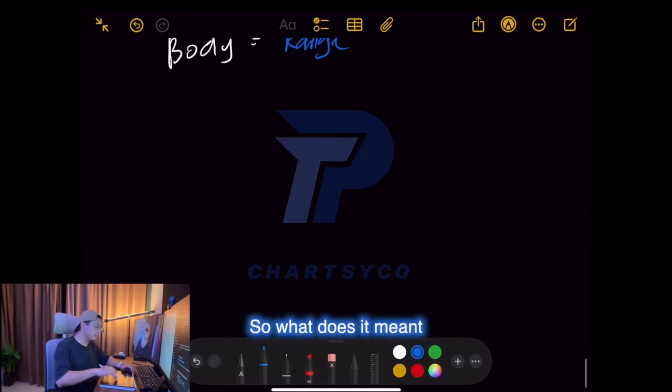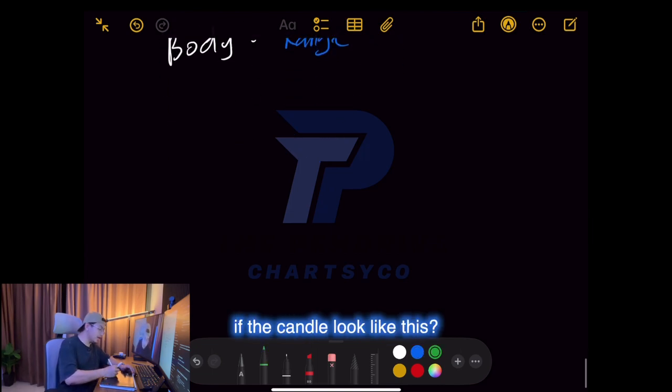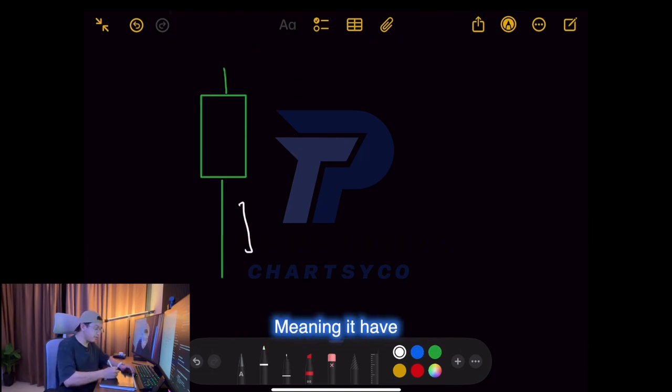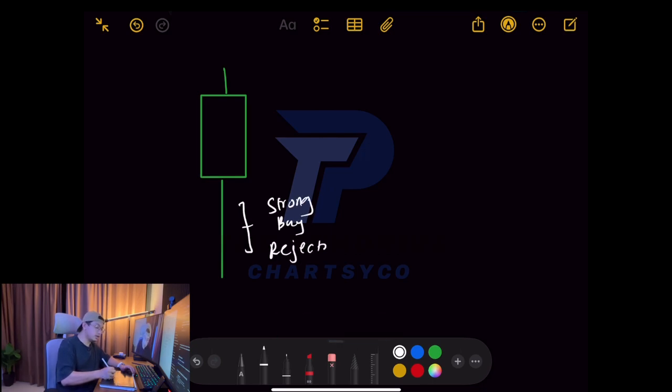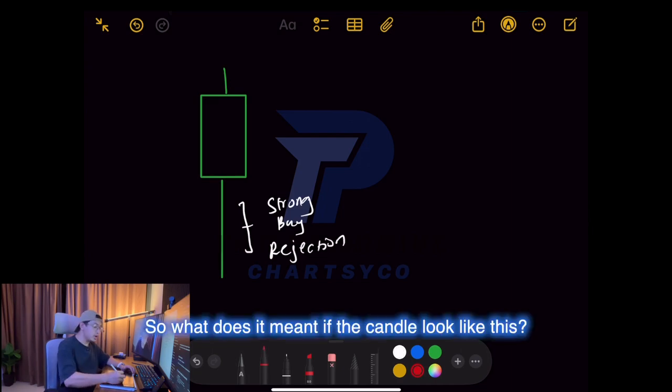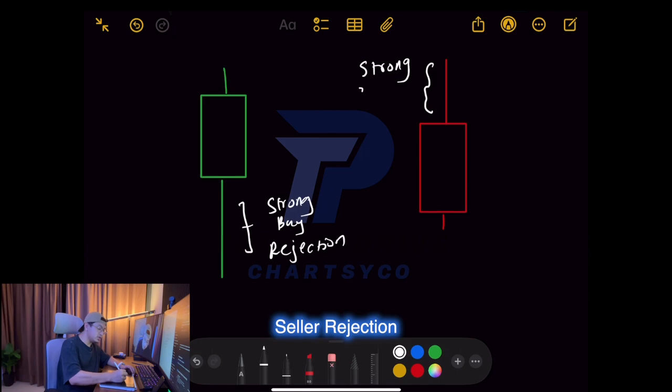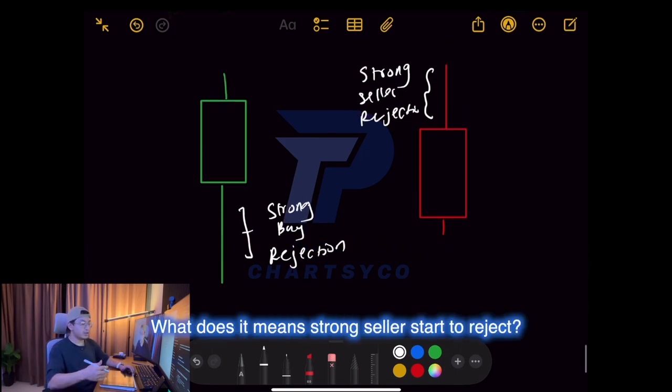So what does it mean if the candle looks like this? It has a strong buyer rejection. What does it mean if the candle looks like this? A strong seller rejection. What does it mean if a strong seller starts to reject?